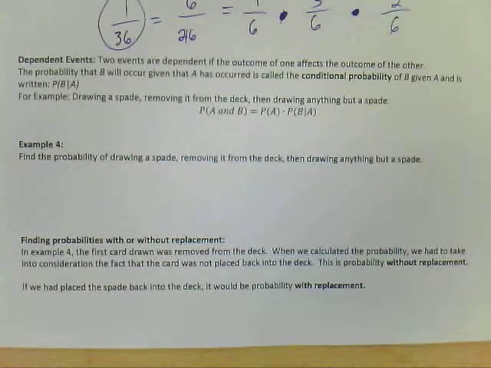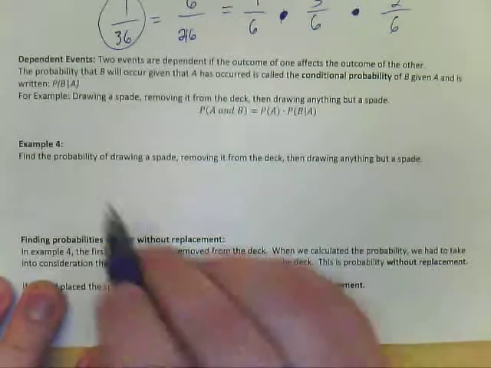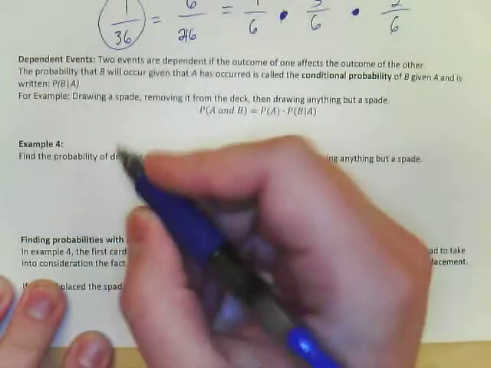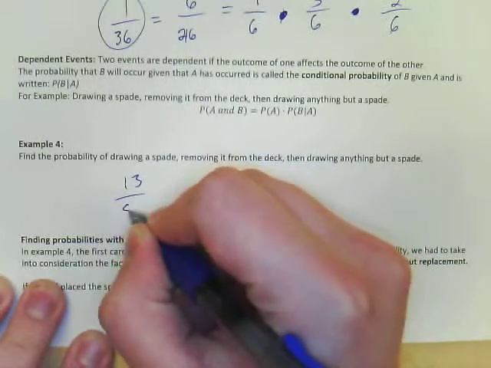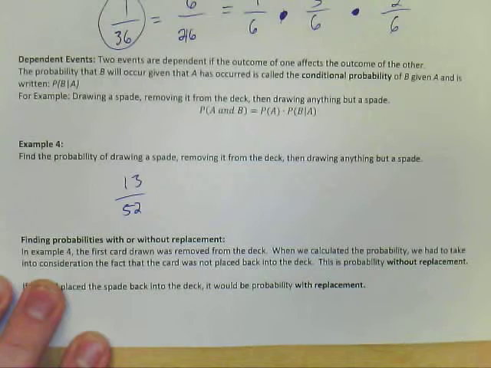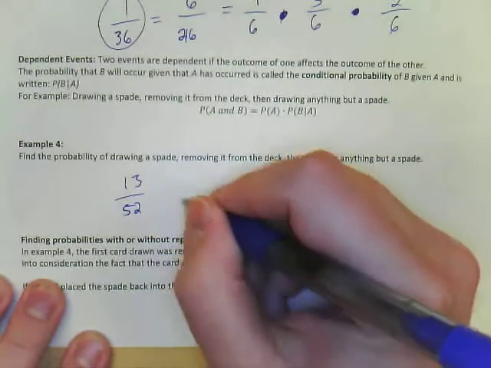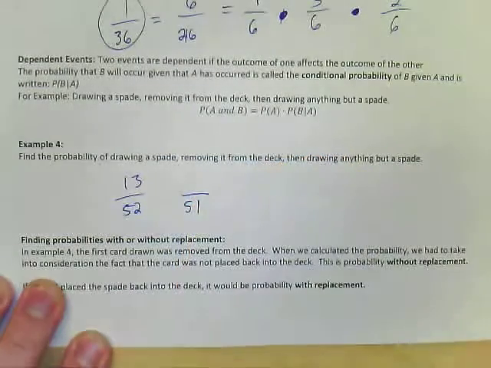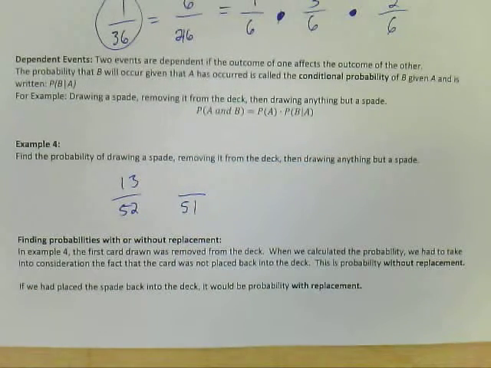Find the probability of drawing a spade, removing it from the deck, and then drawing anything but a spade. Let's first find the probability of drawing a spade. There are 13 spades out of the possible 52 cards. Then if we remove it from the deck, for the next event there are only 51 cards left because we took one of them out. The probability of event B is affected by event A, since I've removed that card from the deck.